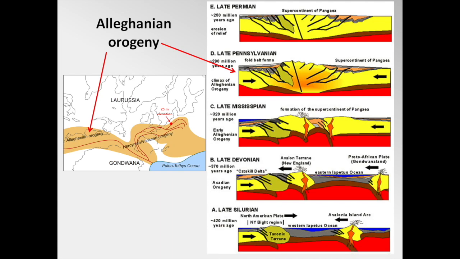Continental thickening and uplift occurred on both sides of the vanished ocean. The Variscan orogeny, which is considerably to the east of the Allegheny orogeny, was probably much weaker because of the aforementioned bumper car effect.